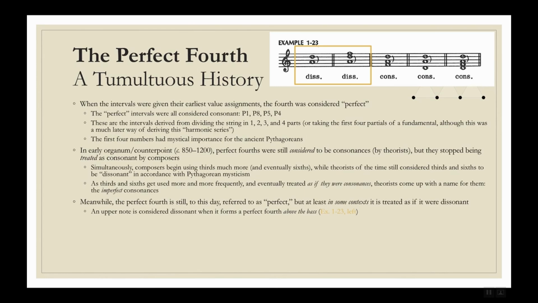You can hear it in that context. It feels like it wants to resolve. There's something about a fourth wanting to resolve downward to a third. The upper note wants to resolve down. That makes the fourth start to feel unstable. At least that's the theory.